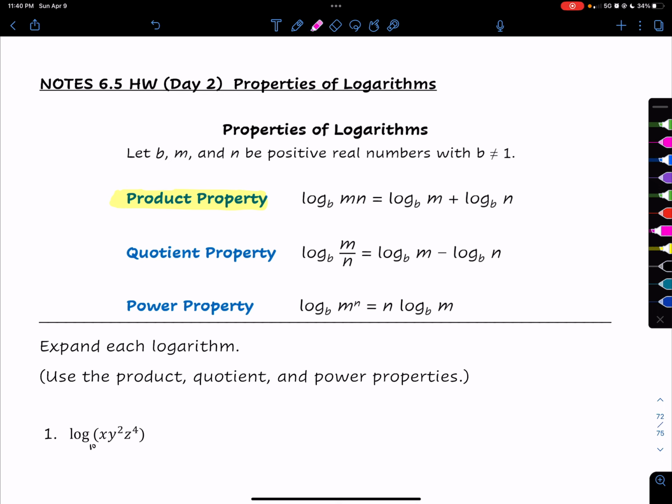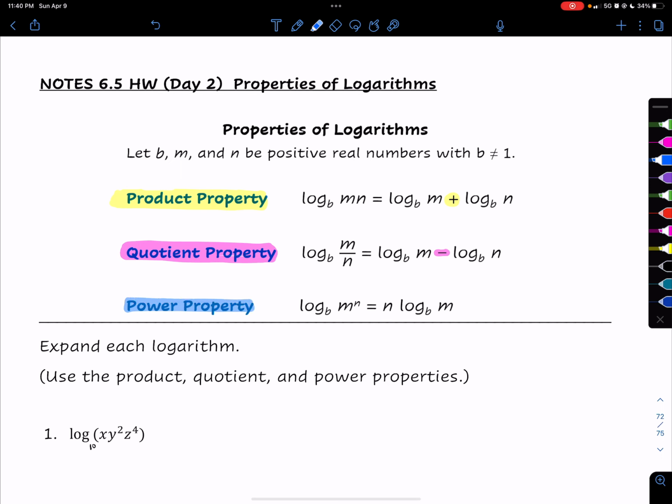Now, on the other side of that, whenever we see quotient property, when we think of division, that is because we were subtracting something. So whenever we're going to be working with the quotient property, we're actually going to be subtracting some values. Okay. And then the last one that I have currently listed here is the power property. Now, the power property is when we have an exponent on top of the argument.